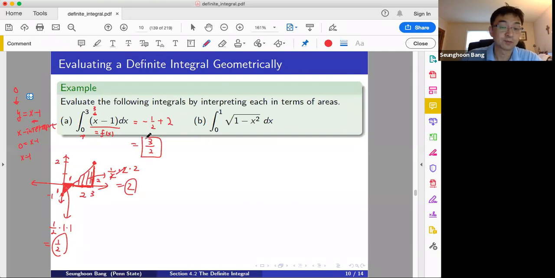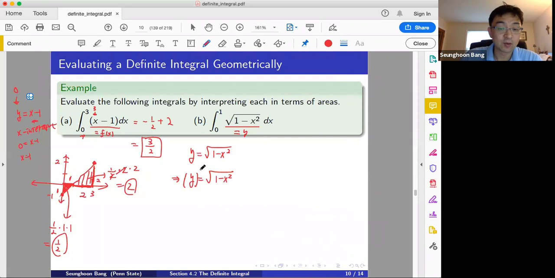This one. What is this one? How can you solve it? Similar. So this integrand is like y. So we have y equals the square root of 1 minus x squared. How can you sketch the graph? The graph is this one. y equals the square root of 1 minus x squared.